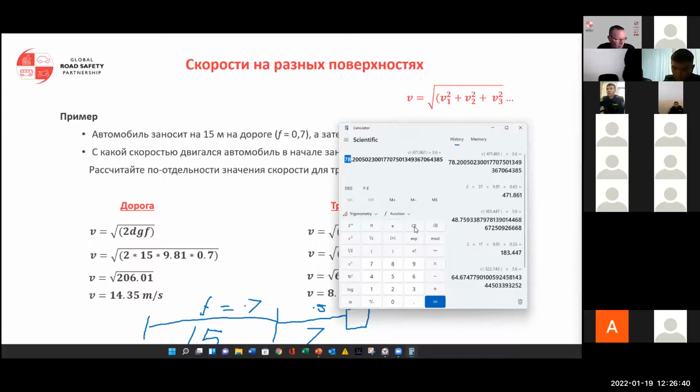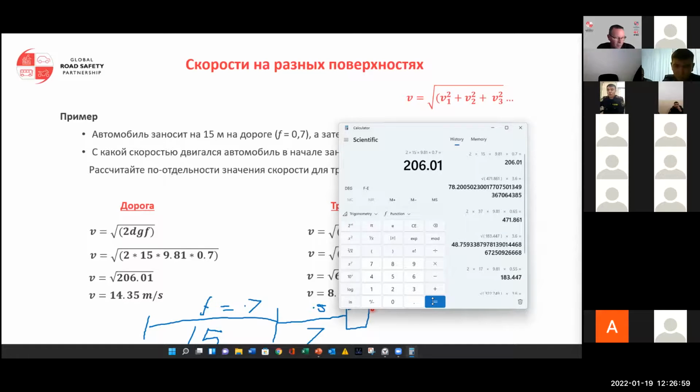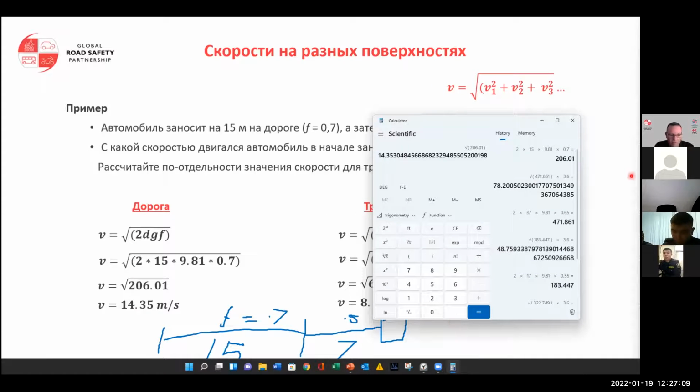First one, 2 times 15 times 9.81 times 0.7 equals 206.01, which we've got there. If we take the square root, we get our velocity 14.35. We repeat the process for grass.